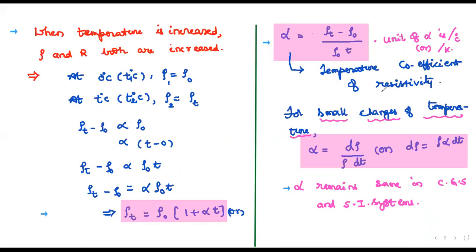That's why I already said there, only for small changes of temperature alpha can be written as d rho by rho, in differential form, d rho by rho into dt.